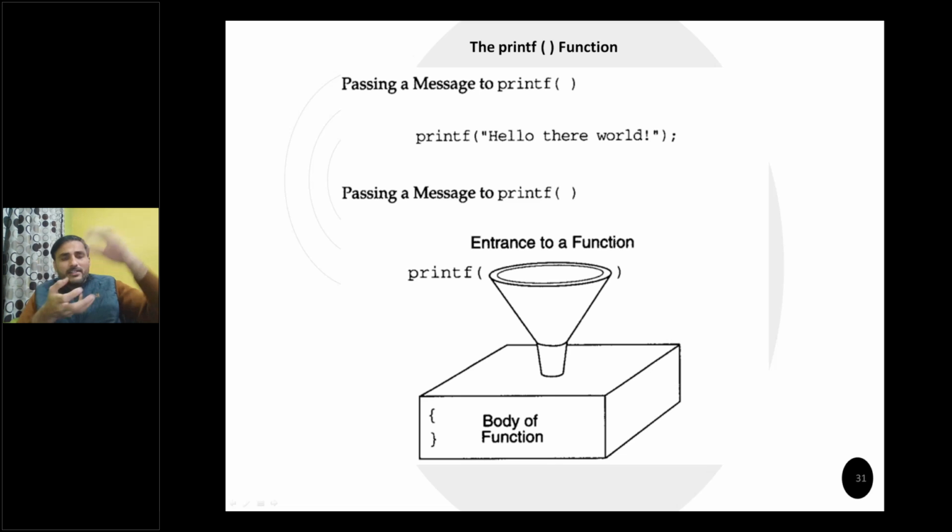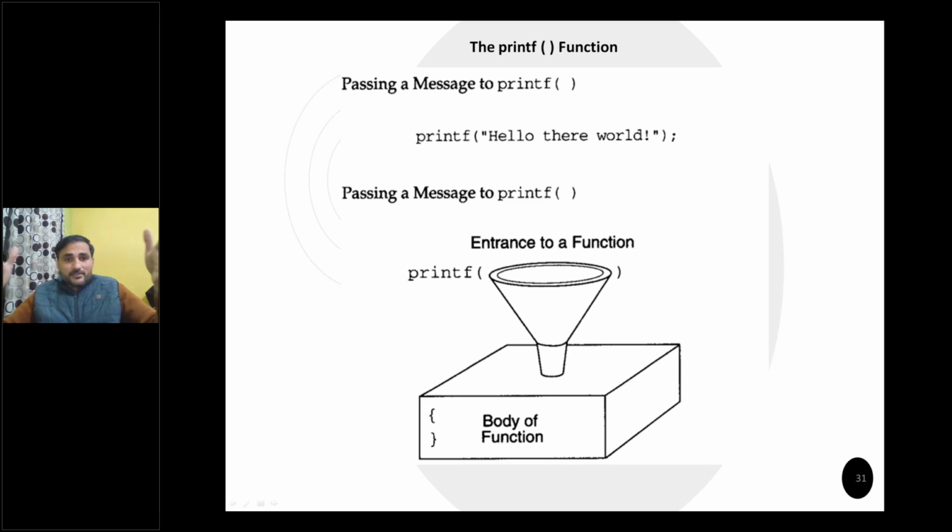Whatever is written inside the body of the function will perform the action and return the value. So, not necessarily printf but in every function name, the purpose of the parentheses is to provide a funnel through which information can be passed to the function.